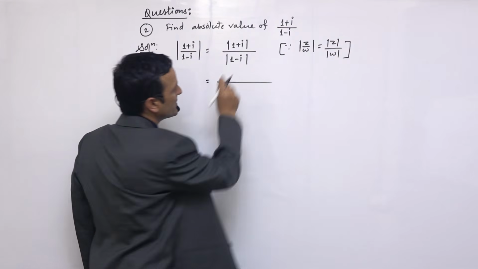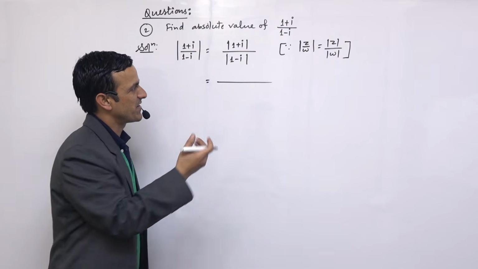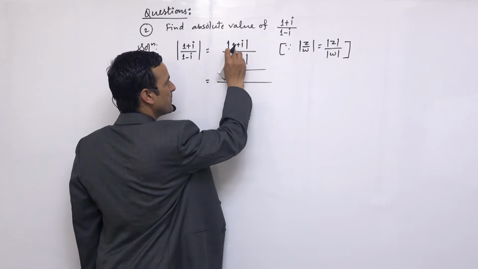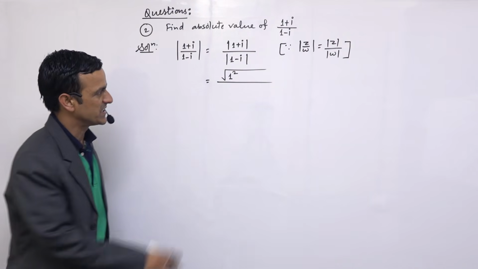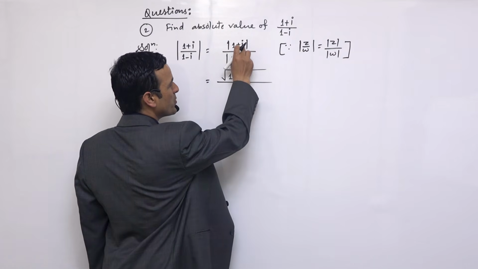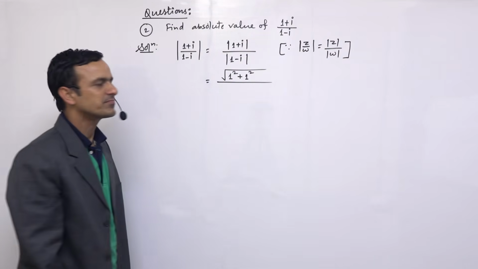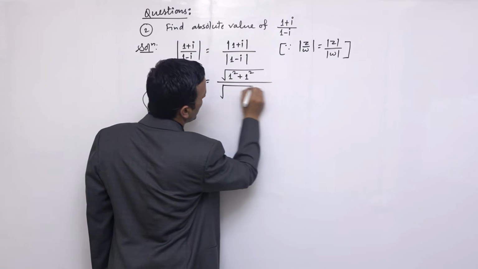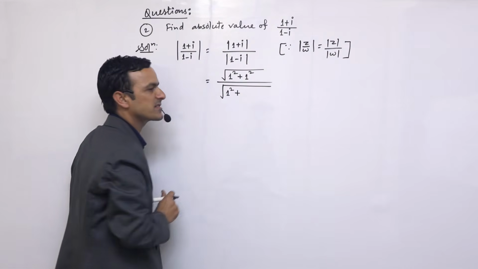So how to find the modulus of any term? Go through the definition. So it will be root under real part squared, meaning 1 square. This is the real part. Imaginary part squared, meaning the coefficient of i is also 1. So 1 square. And similarly in the denominator we have real part square, meaning 1 square, plus.